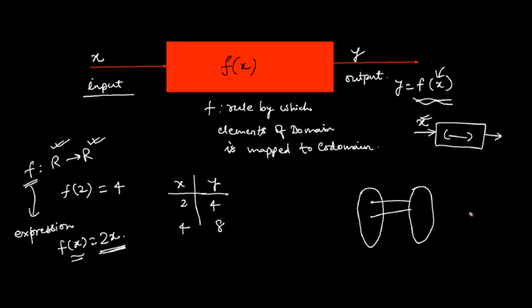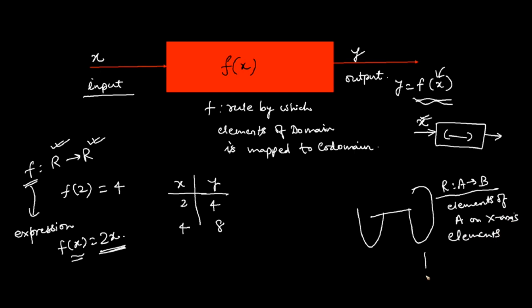If your relation R is from A to B, then in the Cartesian plane representation, elements of set A are on the x-axis and elements of B on the y-axis, and any point on that xy plane represents an ordered pair of your relation R. Let's say this is some b1 and this is a1, and a1, b1 belongs to R, you will mark it.